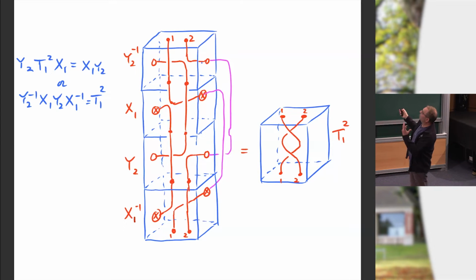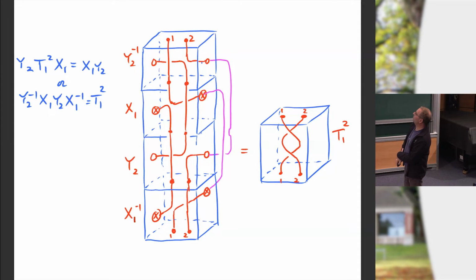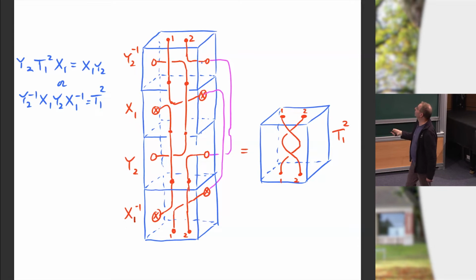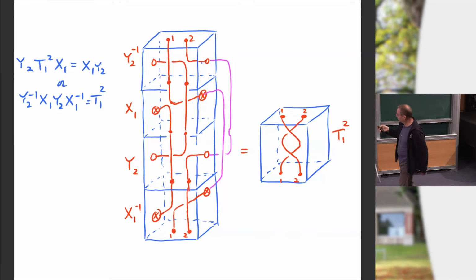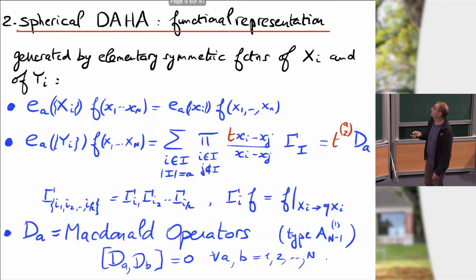And so, well, you have to just work hard enough, realize that this connection which is inside my blocks is the same as if I had put it here, because these points are identified to these points. And so this guy, which is numbered 1 here, connects actually to the number 1 below, and this guy number 2 here actually connects to a number 2 below. So you pull the strings, and you end up with this guy, which is T1 squared. Okay? So a nice way of understanding the relations of DAHA.